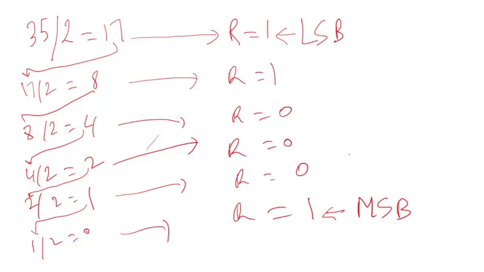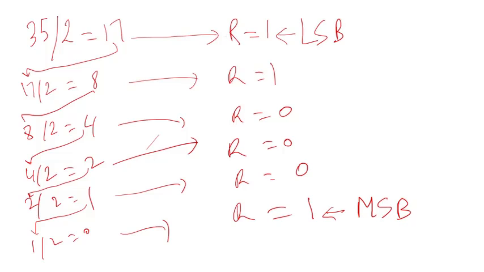Then how do you write this number? You start from the most significant bit to the least significant bit position. So in my example, basically I'm going to write 1 first, 0, 0, 0, 1, 1.